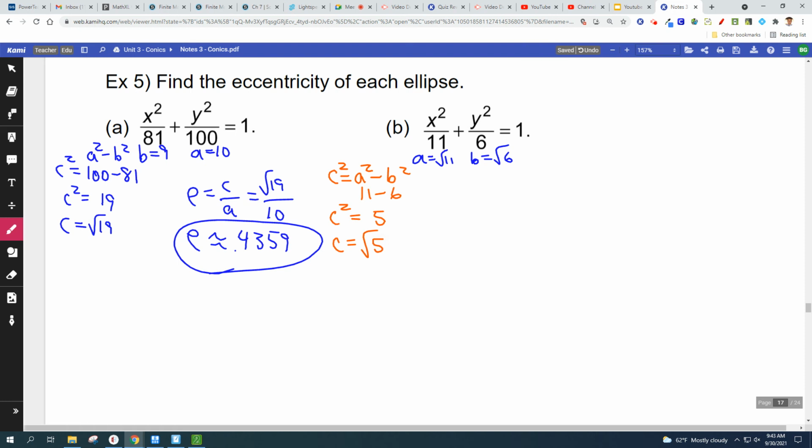We have to find C so we can plug it into our eccentricity formula, E equals C over A. That's square root of 5 over square root of 11.